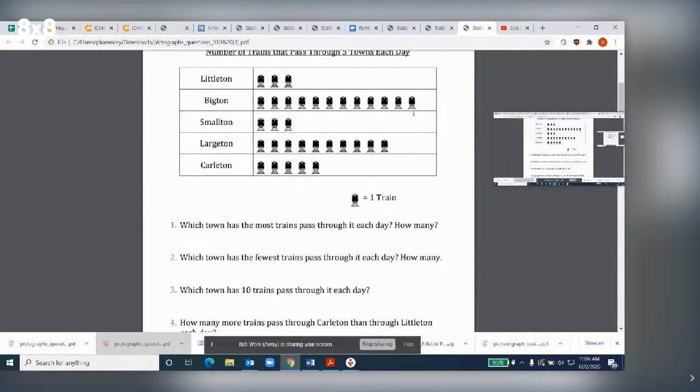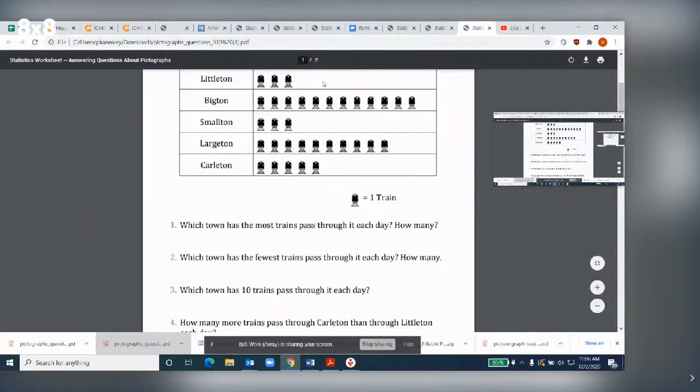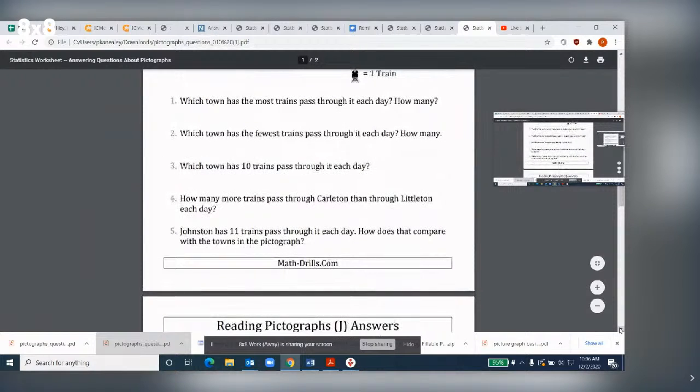It doesn't say specifically how you want to do it. That leaves it open to you. So you could do the 11 minus, if you're doing Carleton, 11 minus 5, you could say it has 6 more trains than Carleton, 1 more train than Largeston, 8 more. You can certainly subtract all of them, or you can just say more or less, and they're both right. This one really lets you decide how you want to do it, but really it's just a comparison.